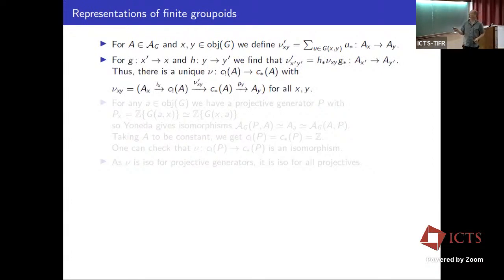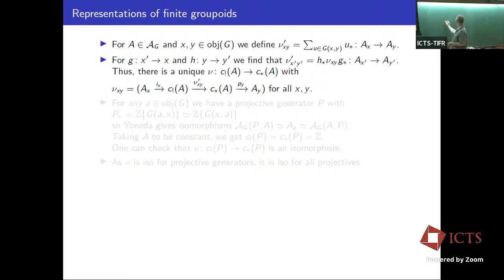And now it's pretty easy to see that this diagram here commutes. So we've got some G from X prime to X, and some H from Y to Y prime.